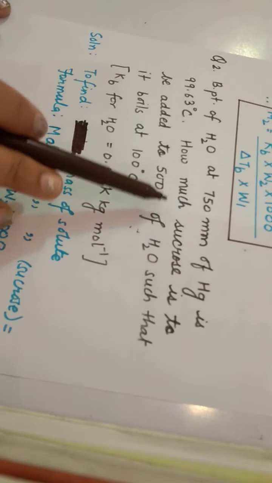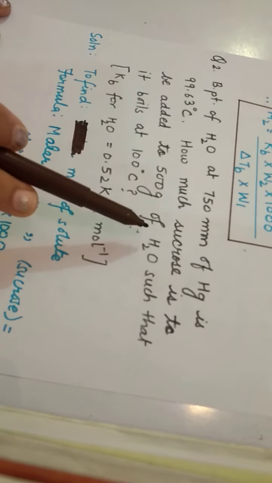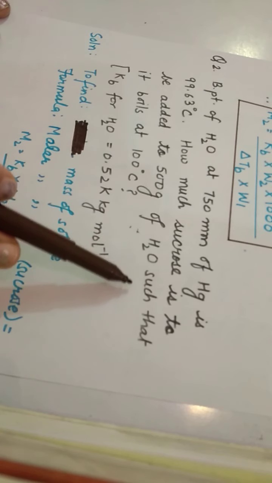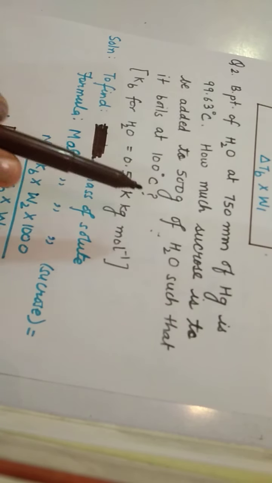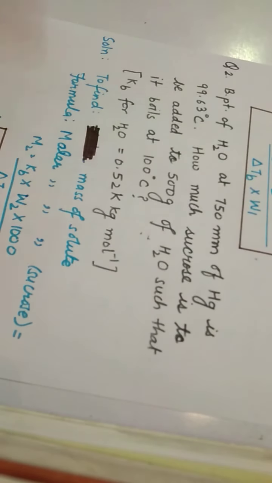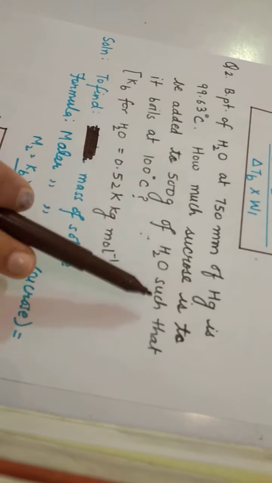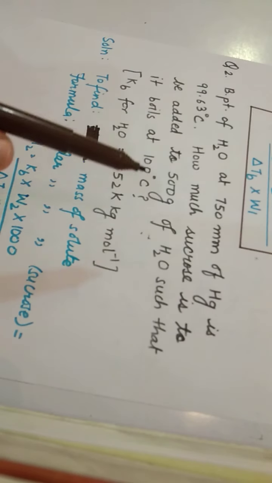How much mass of sucrose do you have to add? So you need to find out the mass of solute which is to be added to 500 gram of water such that it boils at 100 degree Celsius. So this is the question: how much sucrose is to be added to 500 gram of water so that the solution boils at 100 degree Celsius.